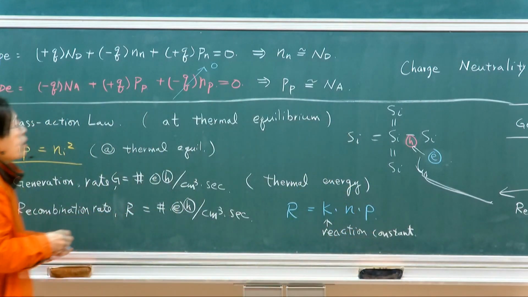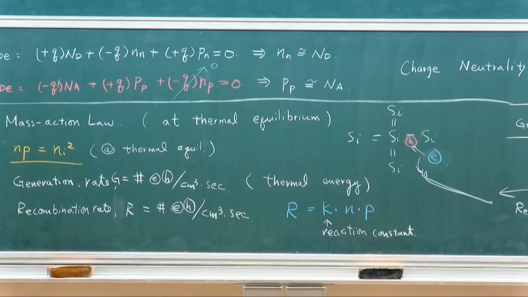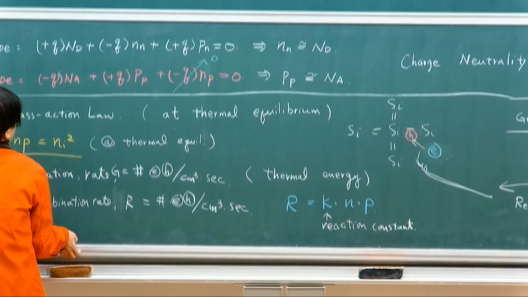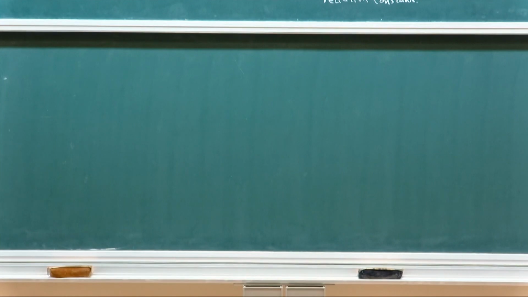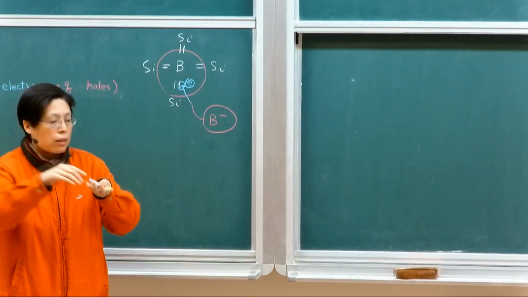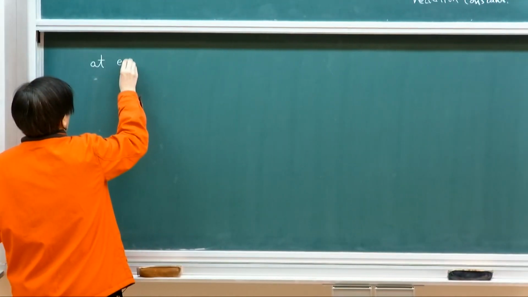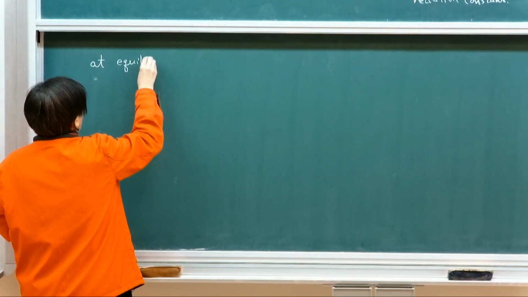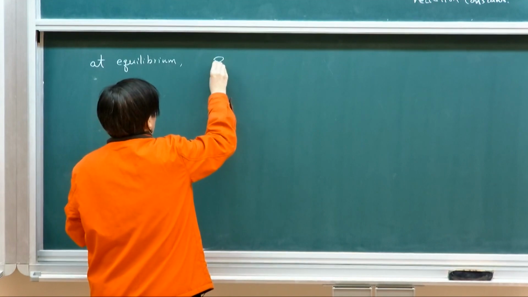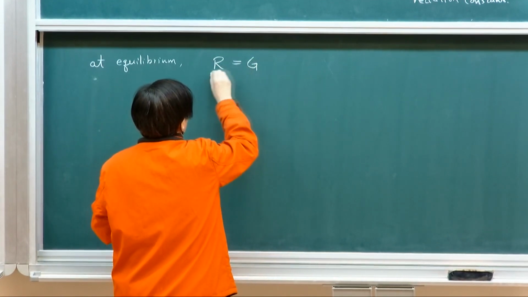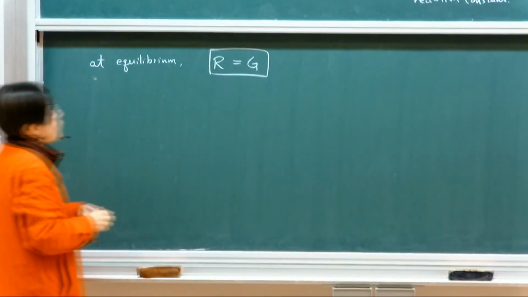Then, at thermal equilibrium, what does equilibrium mean? It means that there's no more addition of electrons and it reaches a balance. What happens is that the amount of generation equals the amount of recombination.